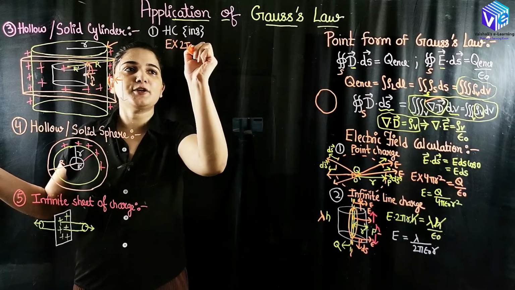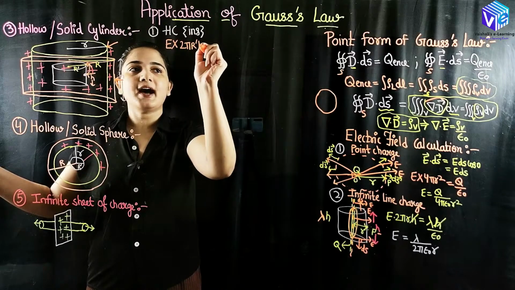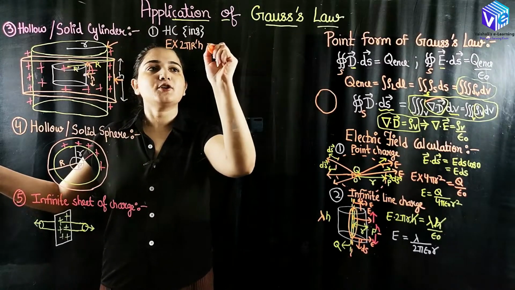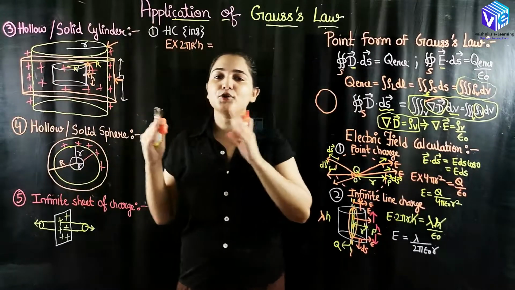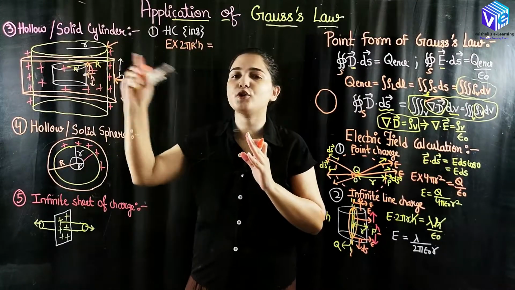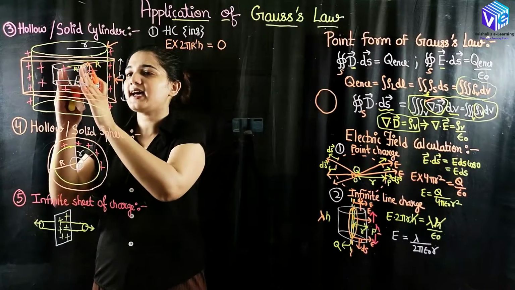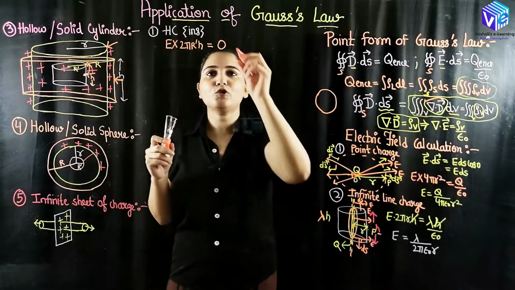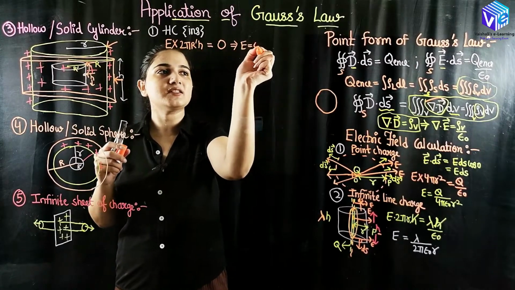So here E into 2 pi r dash h, where r dash is the inside radius and h is the height, is equal to the charge enclosed. All of the charge has come to the boundary of the hollow cylinder. So whenever the charge is not present inside, I will take Q enclosed to be 0, which means E is simply equal to 0.